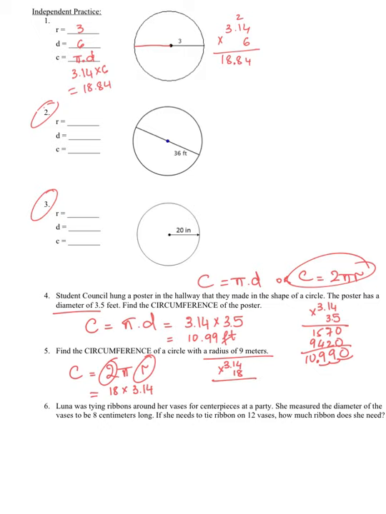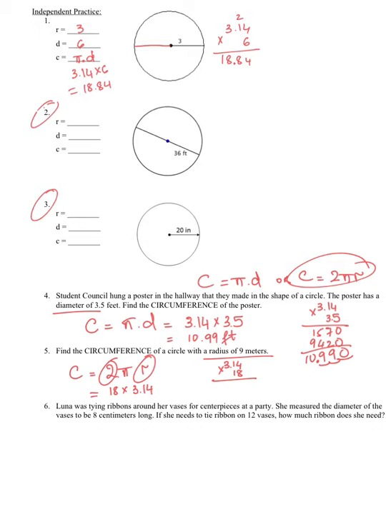Number 5. Find the circumference of a circle with a radius of 9 meters. They're giving you the radius is 9, so we use the formula that has the radius, which is 2 pi r. 2r means I'm gonna double the radius.